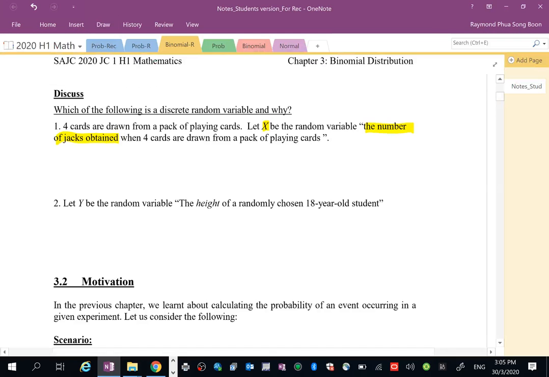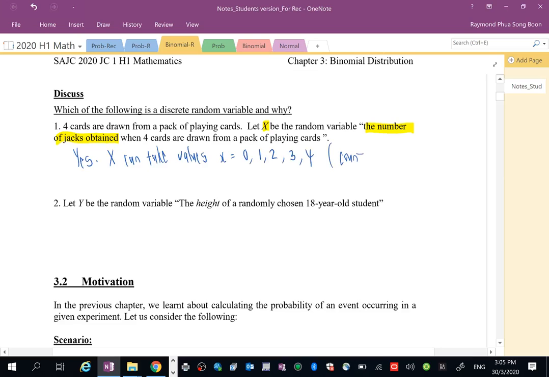So is random variable x a discrete random variable? Yes, because random variable x can take values x equals 0, 1, 2, 3, or 4.